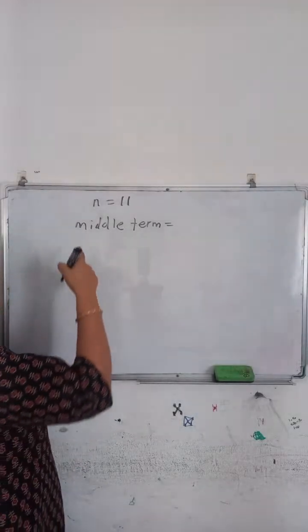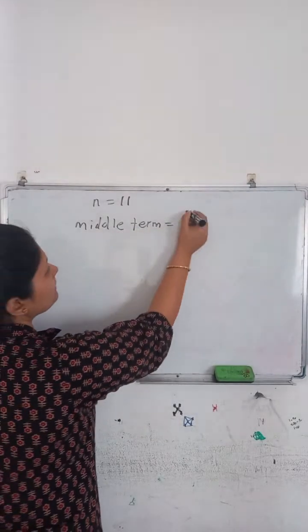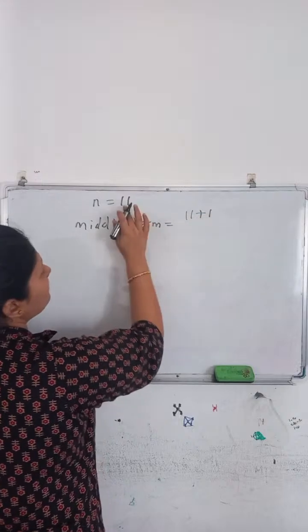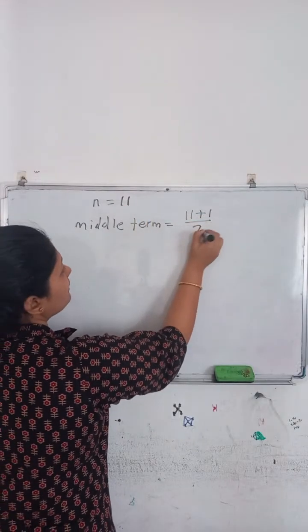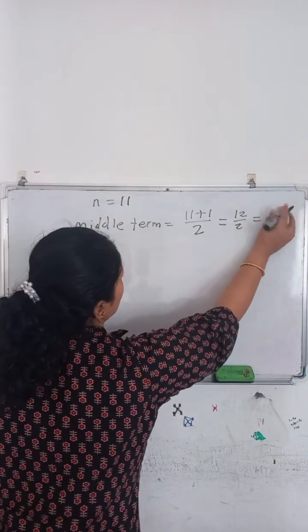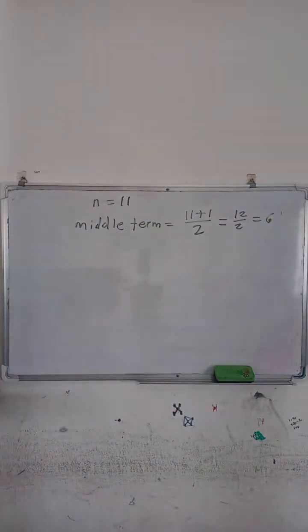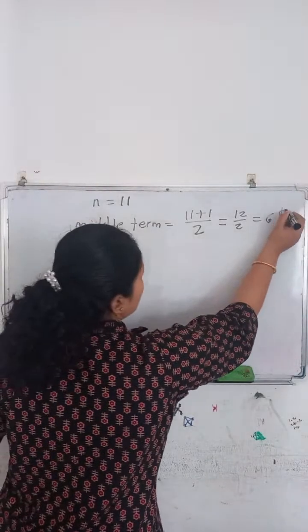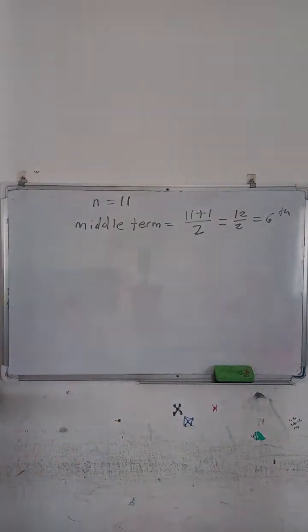I told you how to find the middle term. If the number is odd, we add 1 and divide by 2, that is 12 by 2, that is equal to 6. So the sixth term is your middle term.